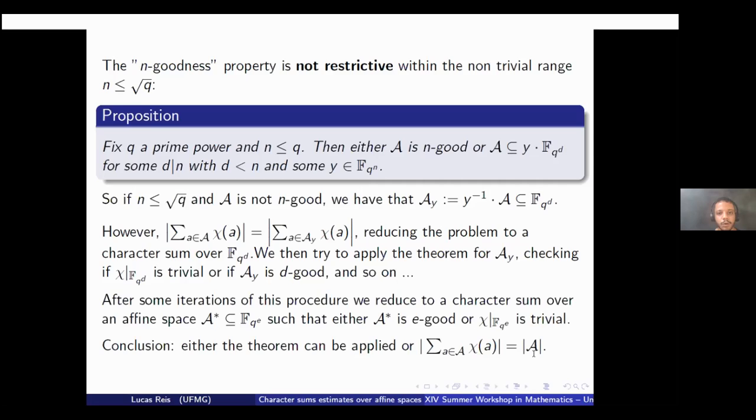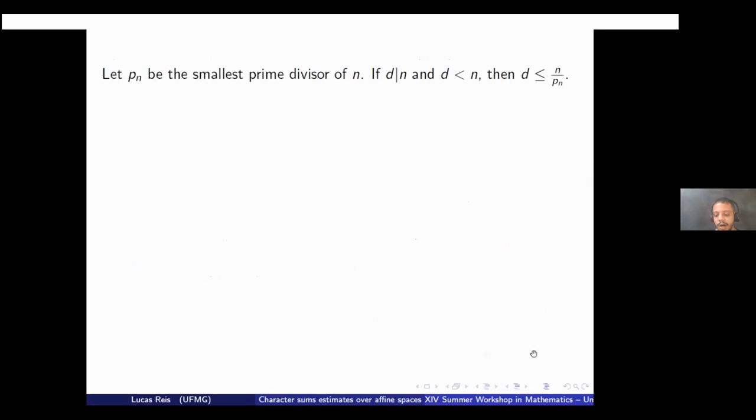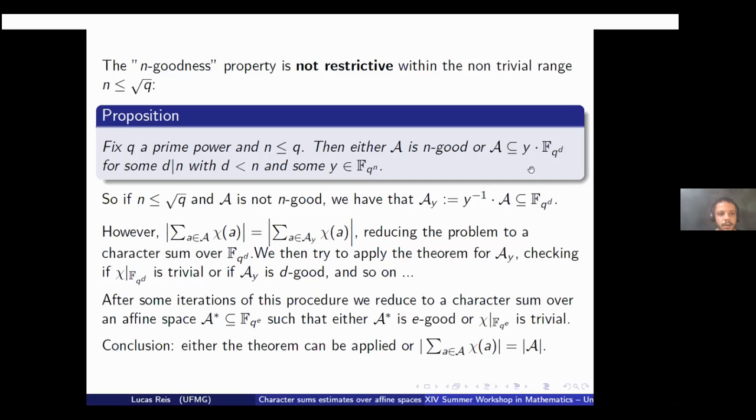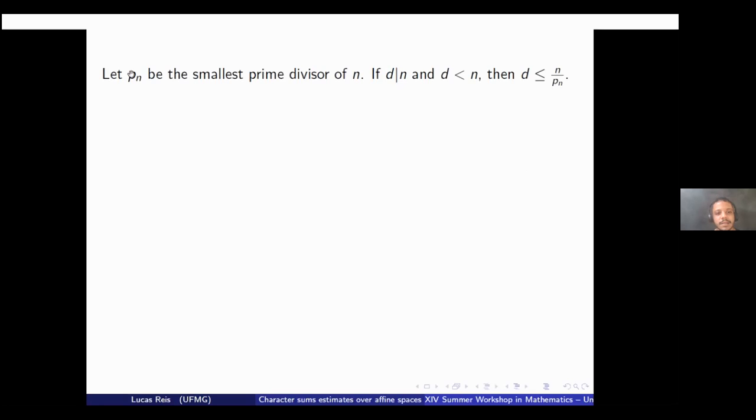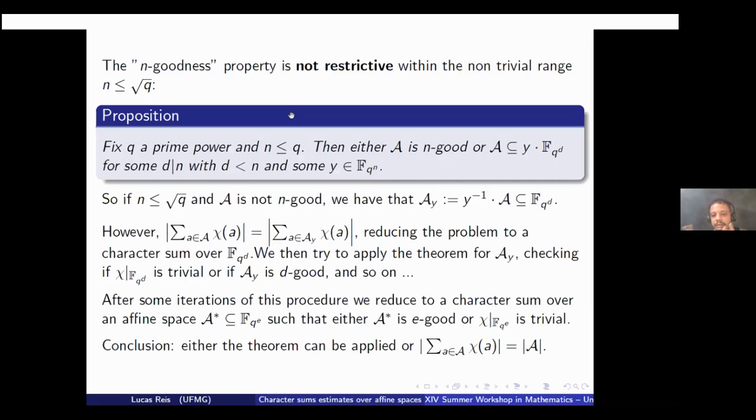Now, moving to a very interesting remark regarding n-goodness. I observe the following. If I take p as the smallest prime divisor of n, then I have this property: if d is a divisor of n strictly smaller than n, then d is at most n over p. Recall that an n-good affine space is always contained in spaces of at most a divisor of n which is not n.